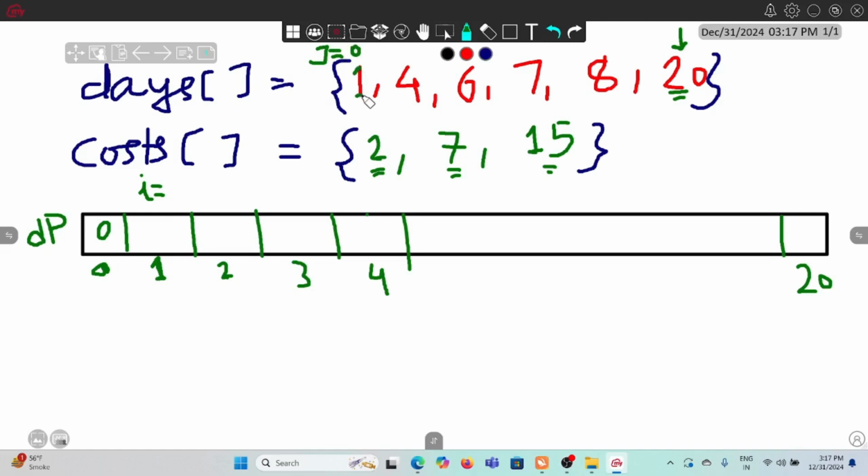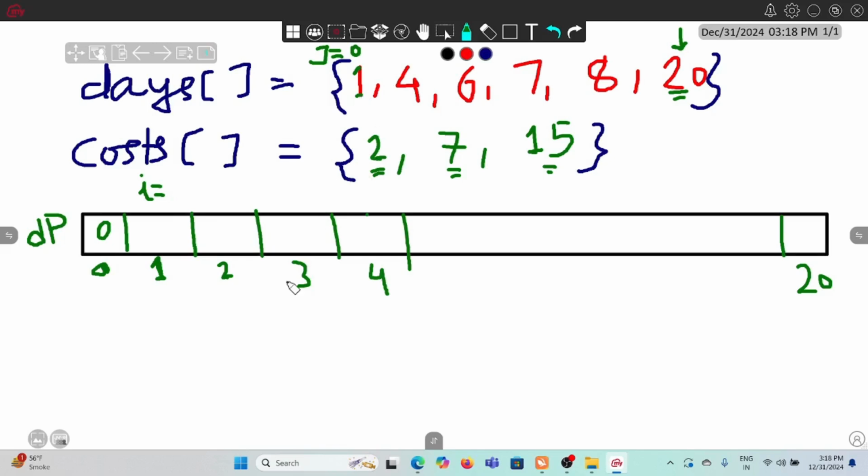So on day 1 we are traveling, and we now have all these three options. So which one to purchase, we don't know, right? We can lead to the best answer starting from any one of them. So no greedy approach is working here. So at i equal to 1, we will check that at j, this is 0 and the value is 1. Okay.